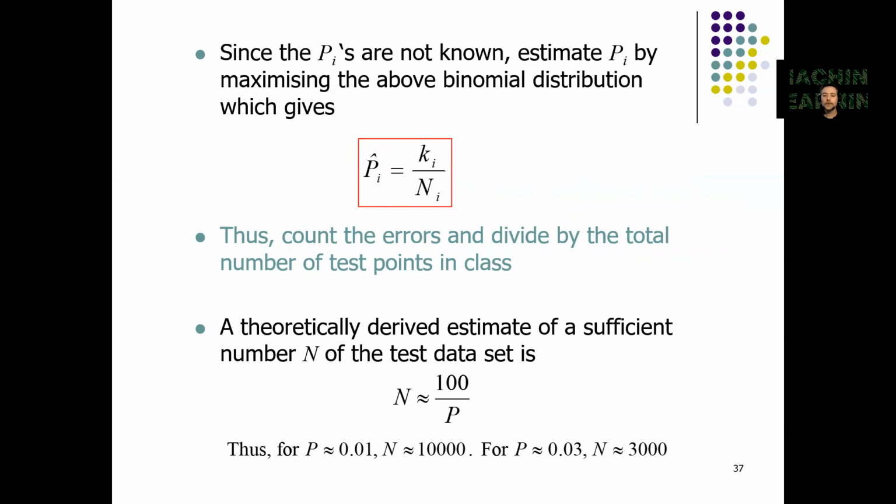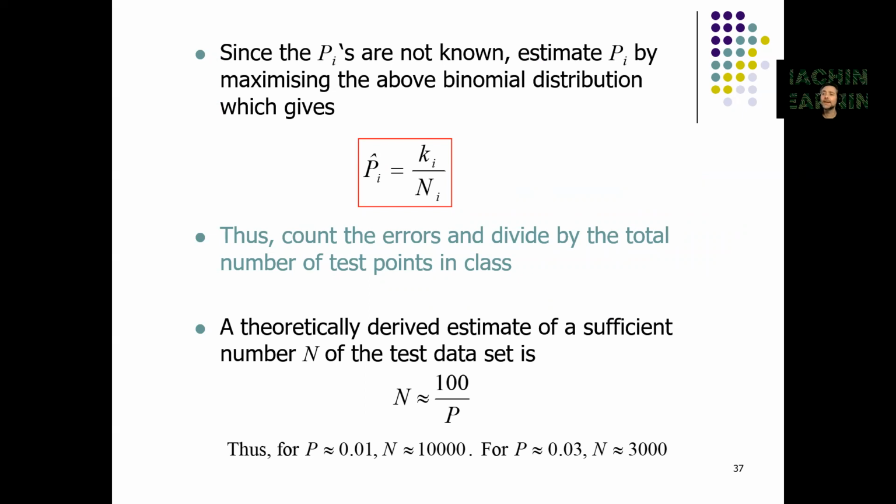This can be used theoretically to estimate a sufficient number of test points for a class. So, for example, if you want to produce an error which is 0.01, then according to this formula, you could use about 10,000 points. If you want 0.03, then you need 3,000 points. Okay.